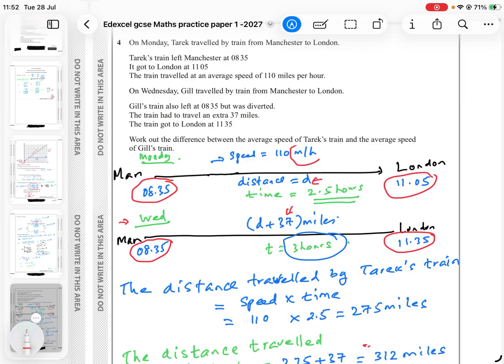On Wednesday, Gill travelled by train from Manchester to London. Gill's train also left at 35 past 8 but was diverted, so the train had to travel an extra 37 miles.